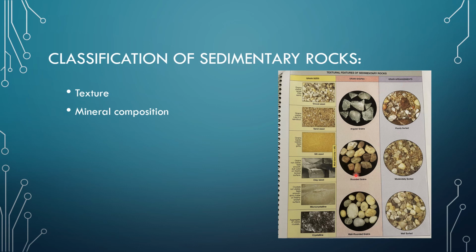Each of these tell you how long the sediments have been transported. The longer they've been transported, the more round and smaller they are. So well-rounded grains and well-sorted arrangements would imply that the sediment has been traveling for a very long time, whereas angular grains and poorly sorted arrangements would imply that the sediment has not traveled that far yet.